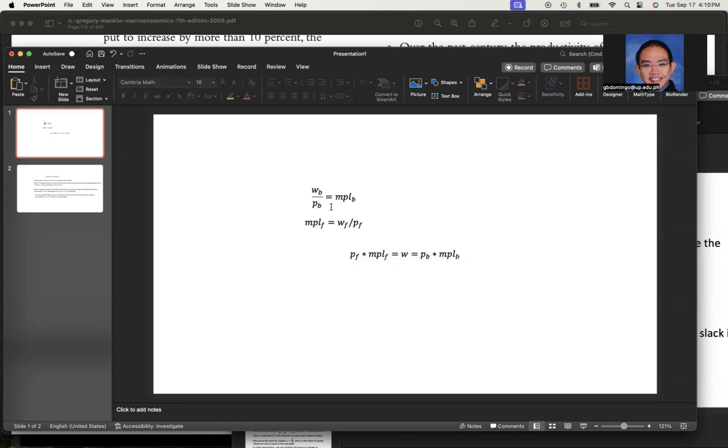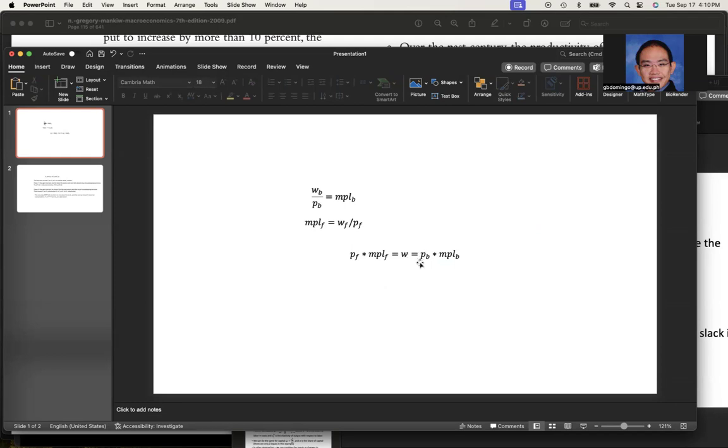So notice the left-hand side. This is the value of the marginal product for farmers. It has to equal the wage. And this is the same thing as this one, except now we've removed the subscript for the wage. And then on the right-hand side, the wage for the barbers must be equal to the value of the marginal product.